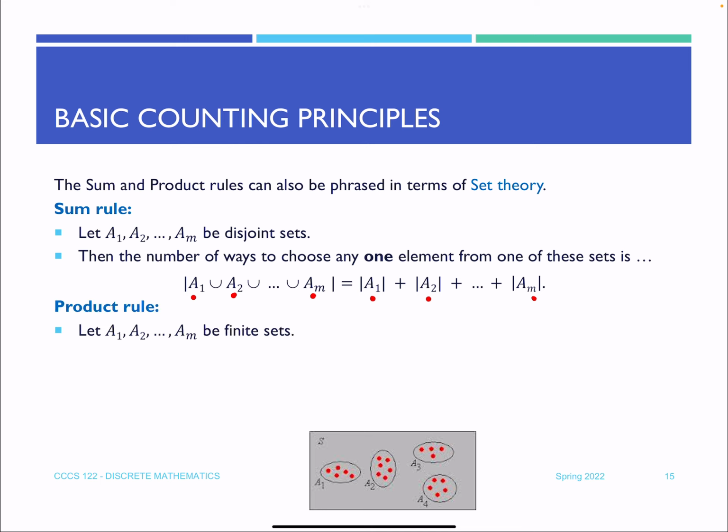And for the product rule, again, assume that we have these m non-overlapping disjoint sets.